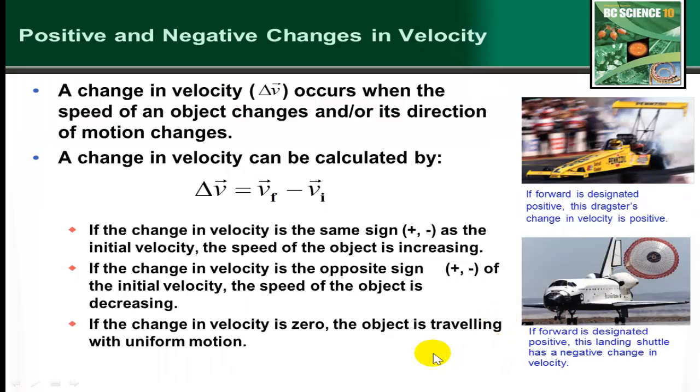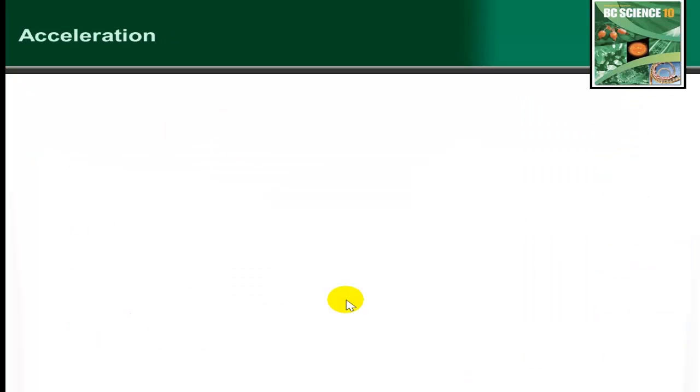On the other hand, the space shuttle landing, if forward is again designated as positive, the landing shuttle with the parachute has a negative change in velocity because it's in a different direction from the forward positive direction. Eventually you get your brain to wrap around this positive and negative change in velocity. The point is, change in velocity is very important because it's part of the definition of acceleration.